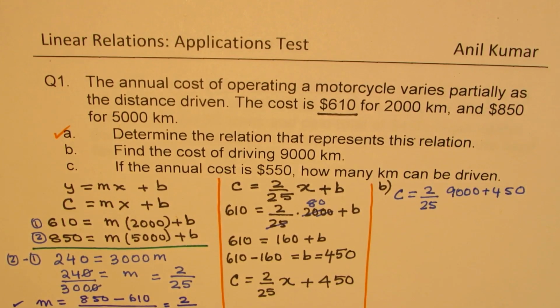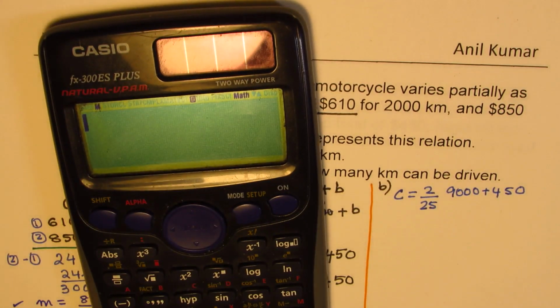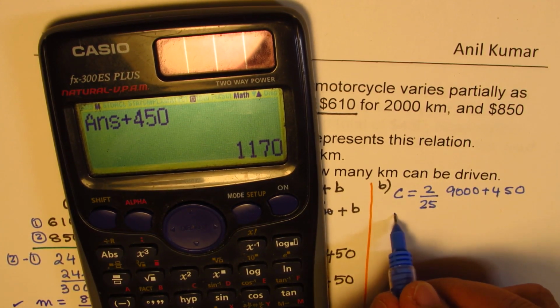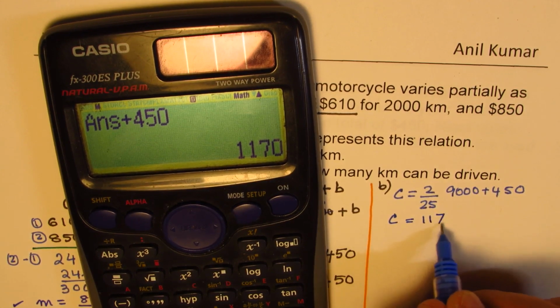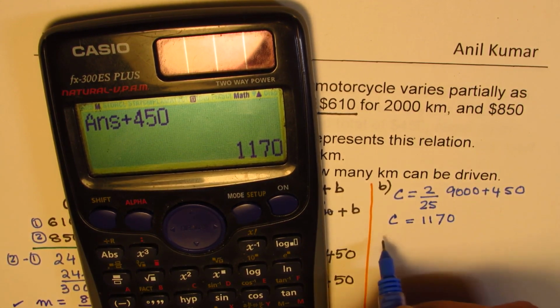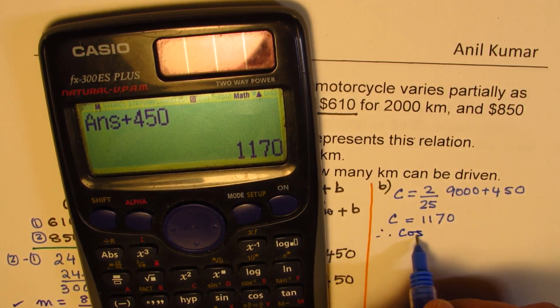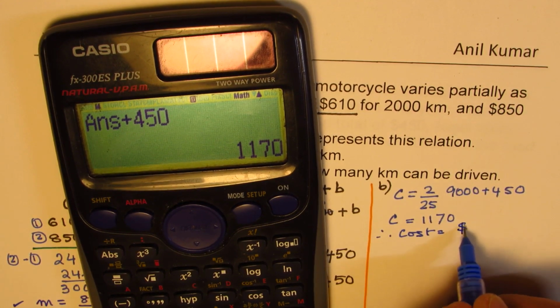So let's multiply and get the answer. So we get 2 times 9,000 divided by 25, and then we'll add 450 to this. So the cost comes to 1170. The answer should be in dollars, right? So therefore, cost equals $1,170.